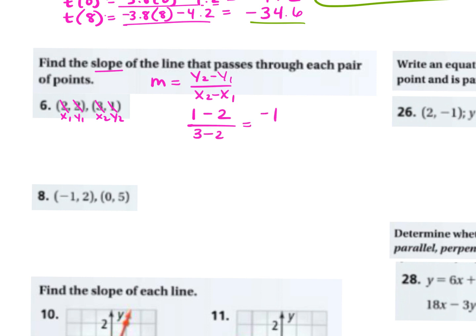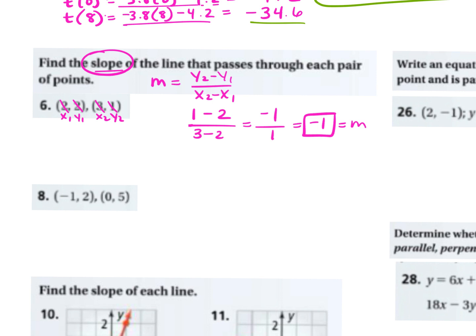So 1 minus 2 is a negative 1, 3 minus 2 is 1, so you get a slope of negative 1, okay? That's all you have to do on this one. All they wanted was the slope, so you don't have to plug that back in. You don't have to create an equation from it, just find the slope.